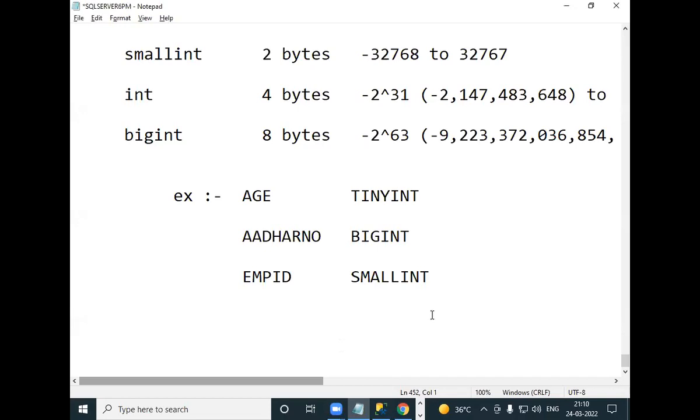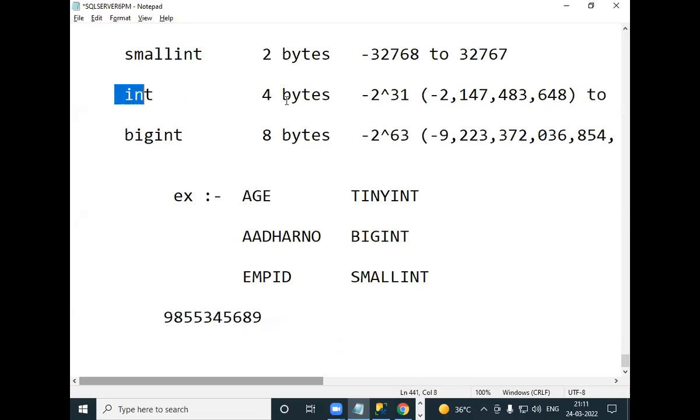Mobile number. What is it? Integer. Mobile number is 10 digits, something like 9855 3456 789.